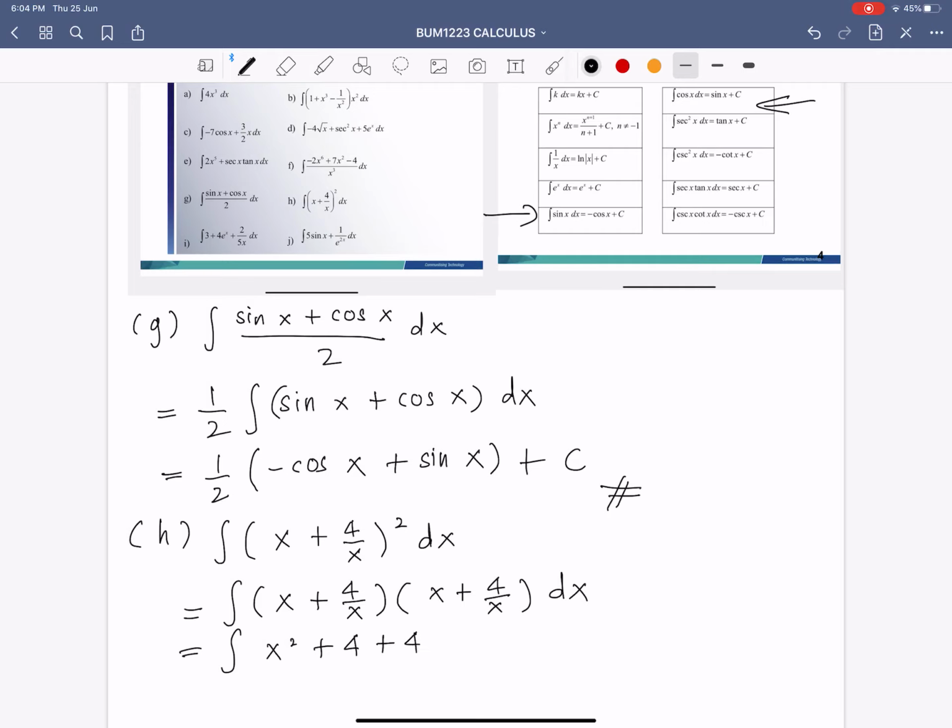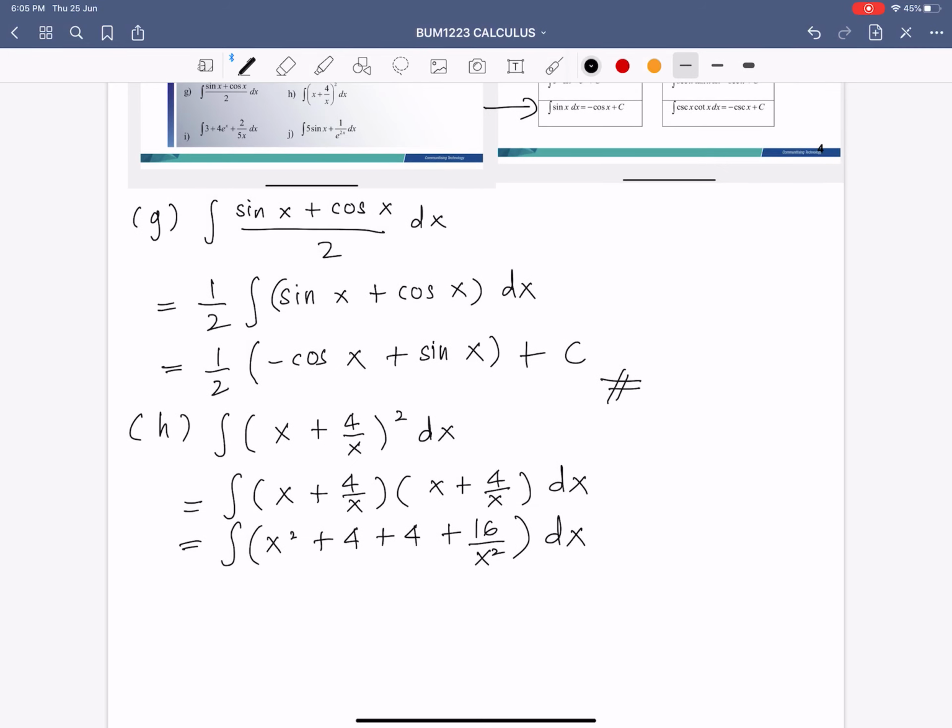And then 4 over x times 4 over x is plus 16 over x squared. Because we have plus plus plus here, we need a bracket, dx. So next we will rewrite this to simplify the function. So this is equal to the integration of x squared plus 4 plus 4 is 8, plus 16 x to the power of negative 2, dx.